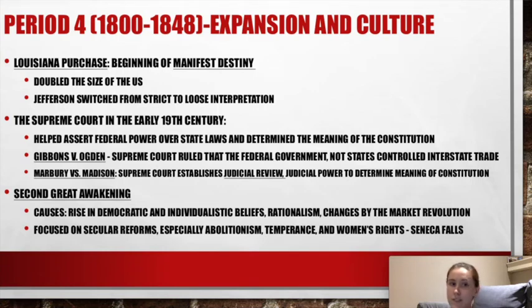Another way of saying that is, to do this, Jefferson had to increase the power of the executive branch, although his political party tended to support a decrease in power to the federal government and an increase in state power. So he had to go back on that. But in the end, we see an expansion of the United States.